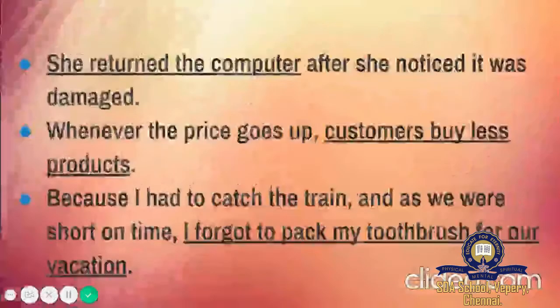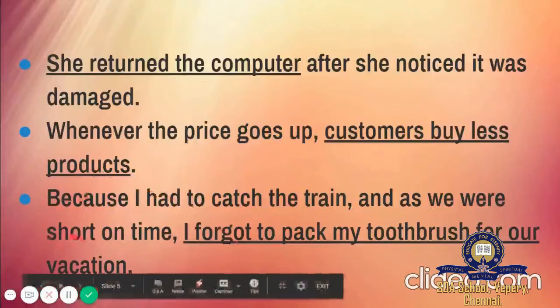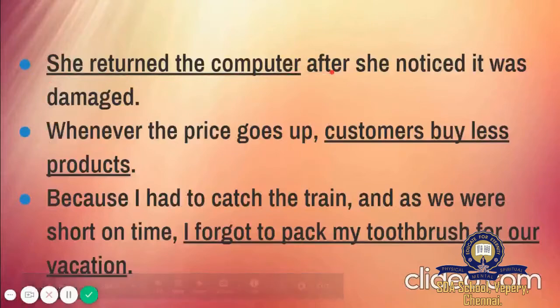Other examples for complex sentences: she returned the computer after she noticed it was damaged. Here, she returned the computer is the main clause, and after she noticed it was damaged is the subordinate clause.